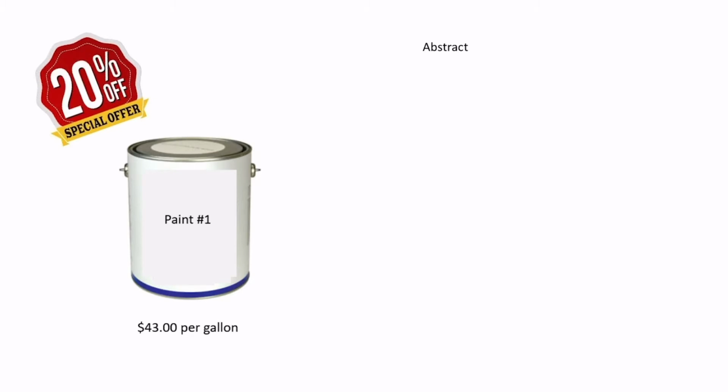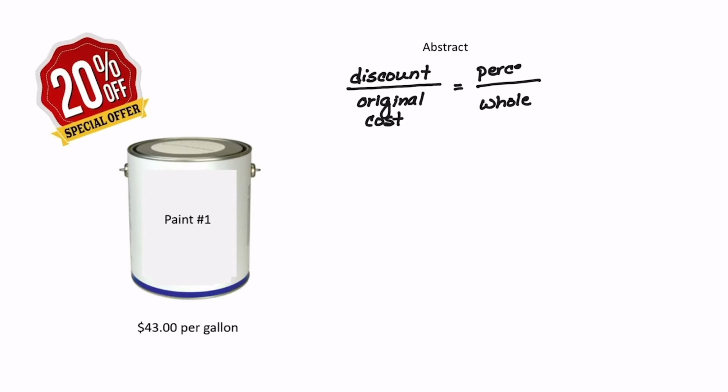So I have my discount, and as my denominator, I'm going to put my original cost. That is going to be equal to my whole, and this is going to be my percent of my discount.